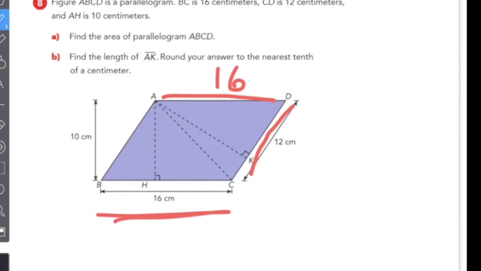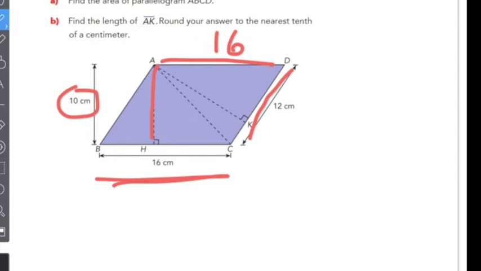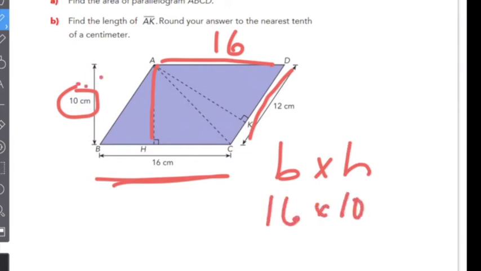And then AH is 10 centimeters. So AH, which is right here, is also 10 centimeters. So that's the height. So the first one is A, find the area of the parallelogram. Well, that's fairly easy because we have all the information we need. So the parallelogram is base times height. The base is 16 times the height, which is 10, because here's the height right here. That's going to equal 160 centimeters squared.